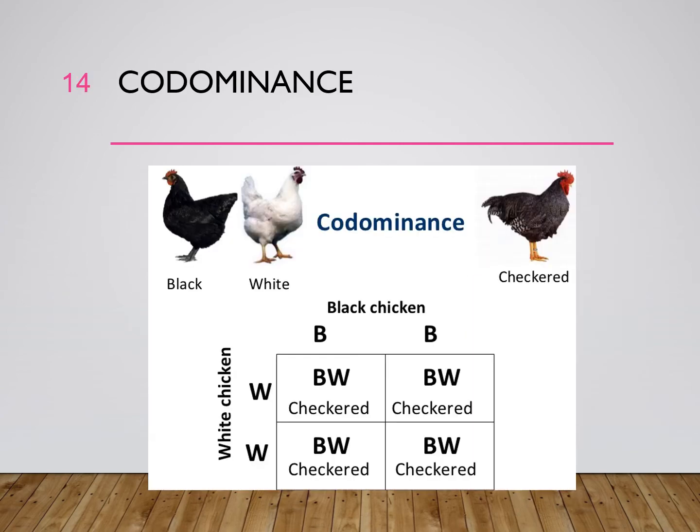So next we're going to talk about codominance, but before I do that, I just want to point out this four-square thing that we've seen a couple times so far. This four-square thing with all these letters around and inside is called a Punnett square.